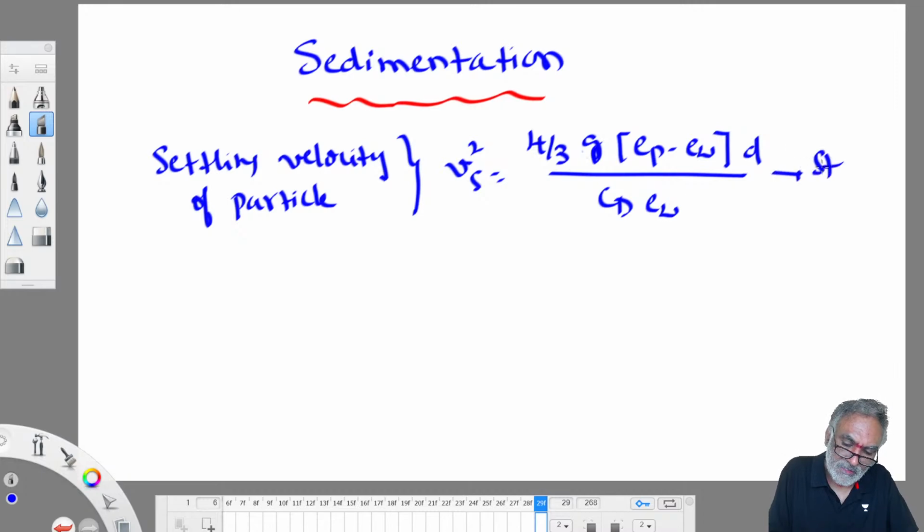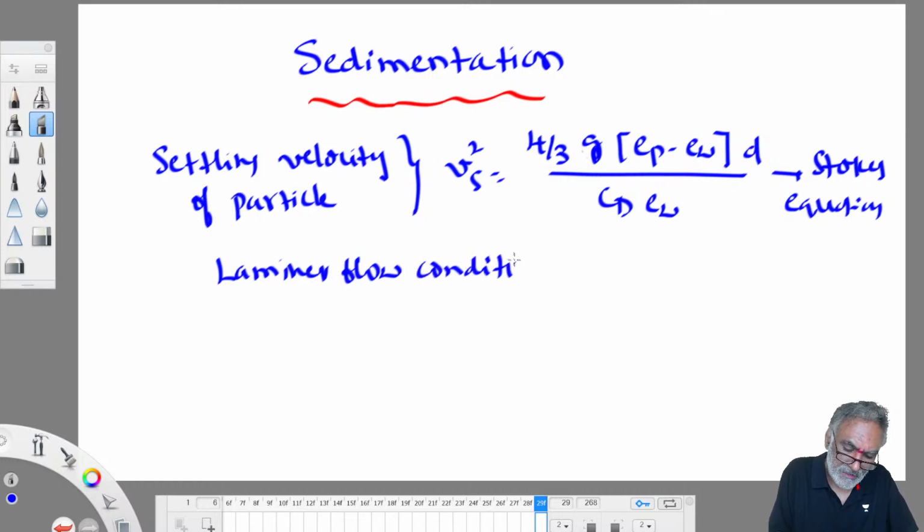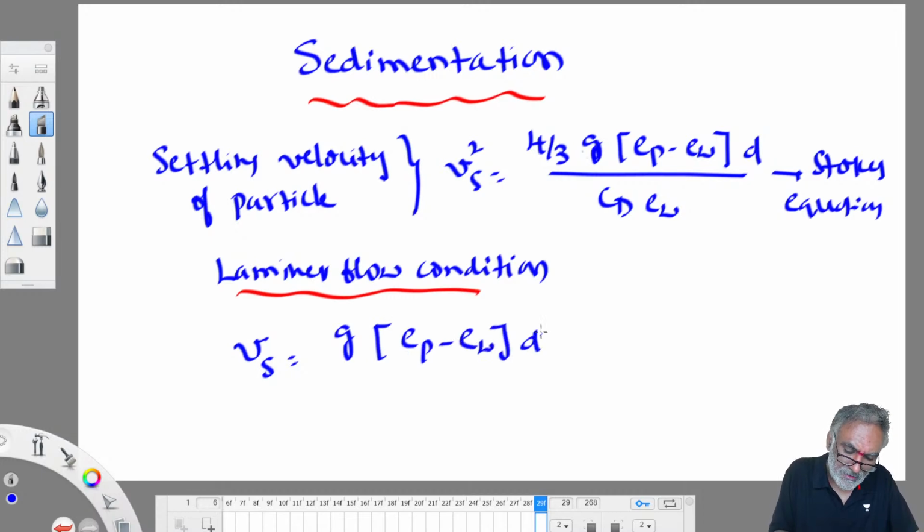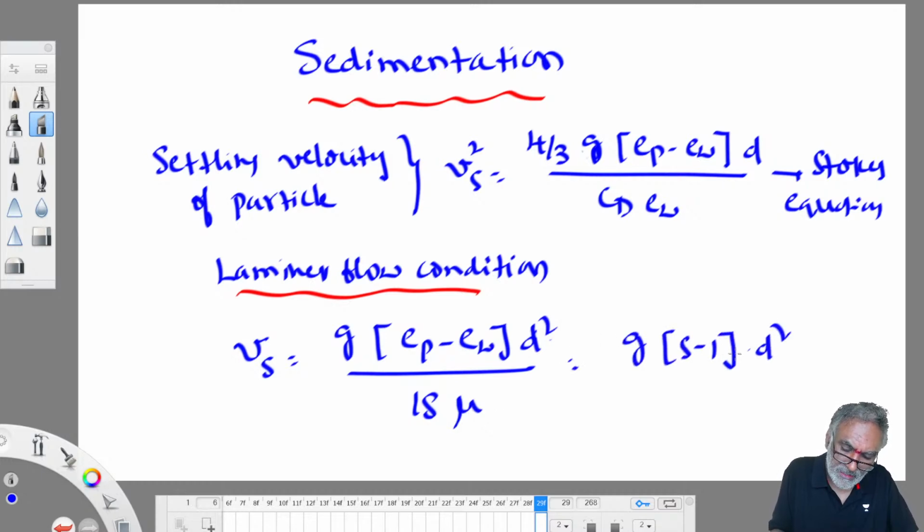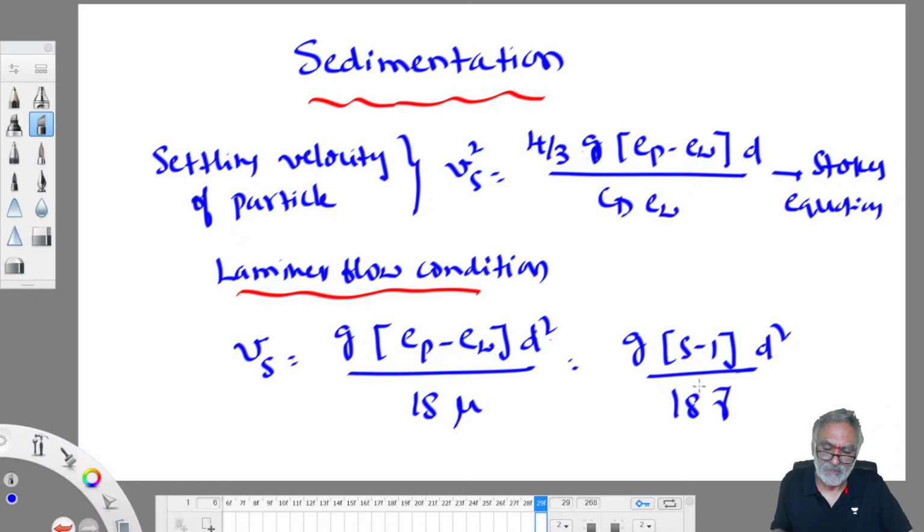This is called Stokes equation. But if you simplify this equation for laminar flow condition, then the Stokes equation we can reduce into a very simple formula. Vs is equal to g into (rho P minus rho W) into D square by 18 nu, or in terms of kinematic viscosity, we can also write in this form. Okay? For laminar flow condition.